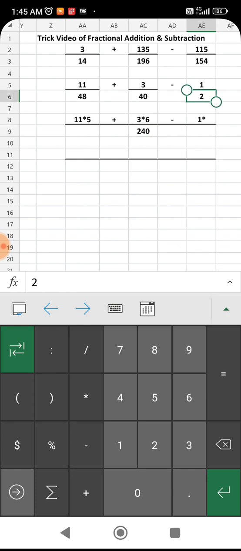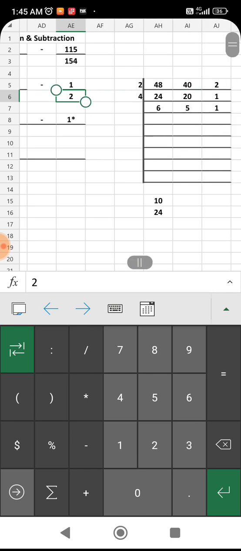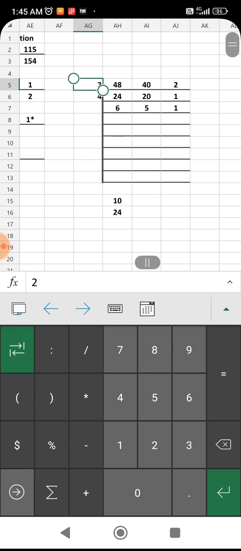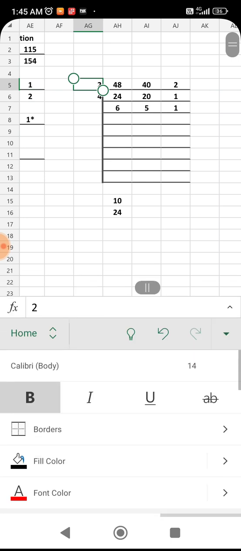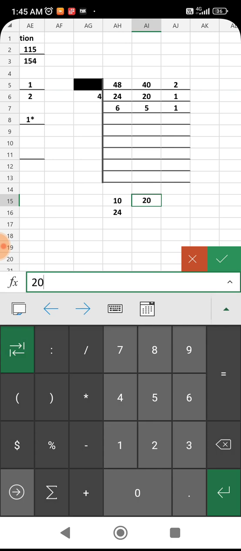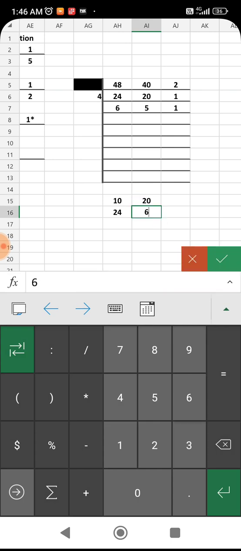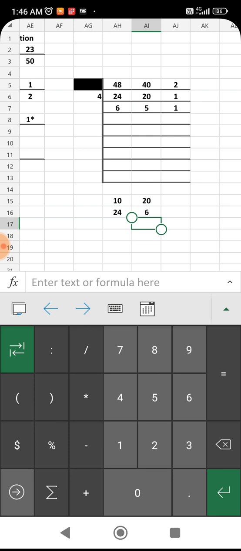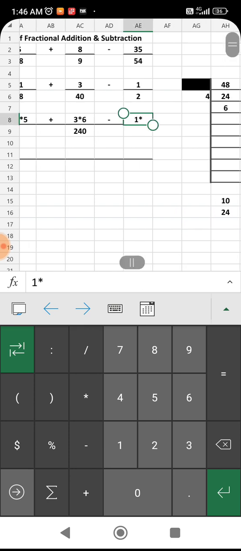Now which number we have to multiply with 1? Here it is 2. We have to cover 2 only. So I am covering 2 only. Okay, what is remaining? 4 5s are 20. 20 into 6 means 120.